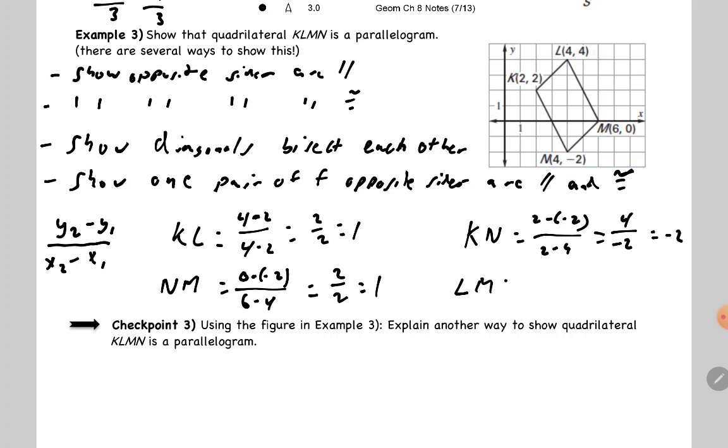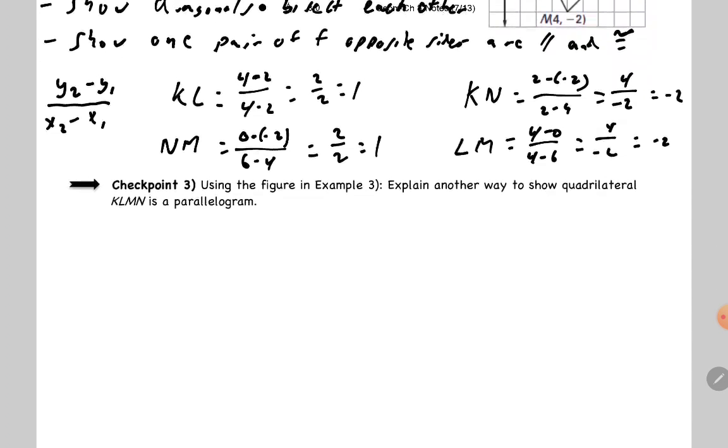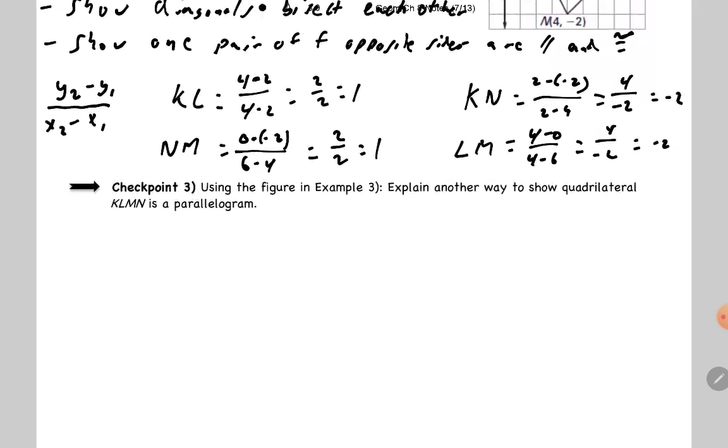And then LM, 4 minus 0 over 4 minus 6. That'll give us 4 over negative 2, which is the same thing. So since we showed that opposite sides are parallel, have the same slope, that is a parallelogram.